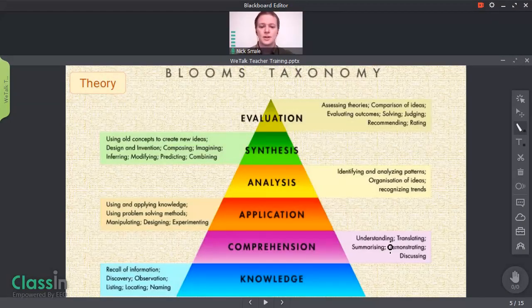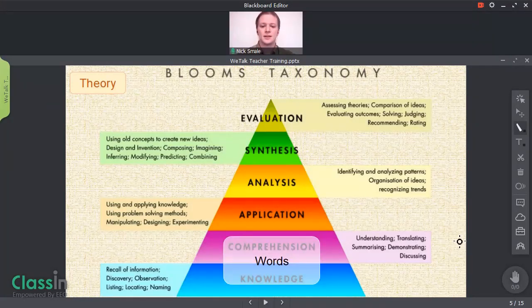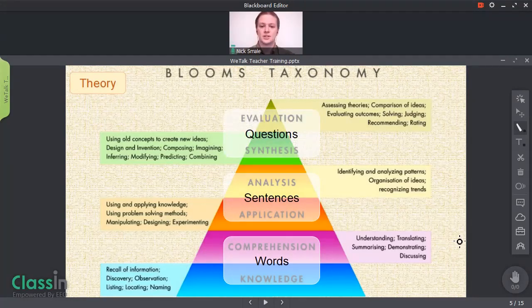So, according to Bloom's taxonomy, if we were to take a look at how these fit in, the bottom 2 fit with words, the next 2 fit with sentences, and the top 2 fit with questions, which means we go in order from bottom to top, starting from words, moving to questions. The words section would be the vocabulary section. We may have flashcards, things like that.